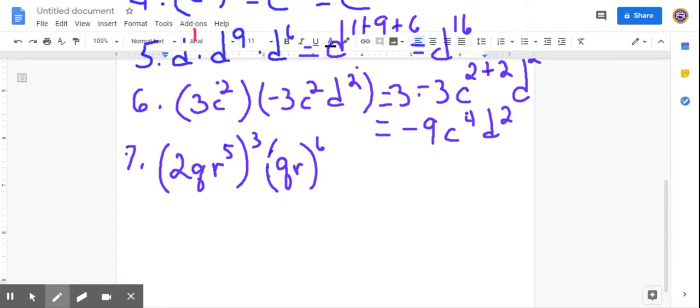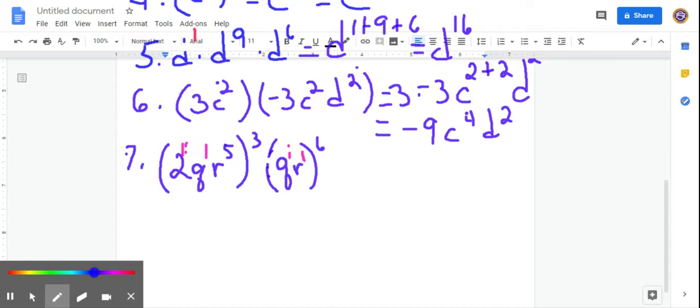So you have a power to a power, and you have two of them. Again, first thing you have to remember is that this 2 has a 1, the q has a 1, this q has a 1, and this r has a 1. They all have 1s for exponents.